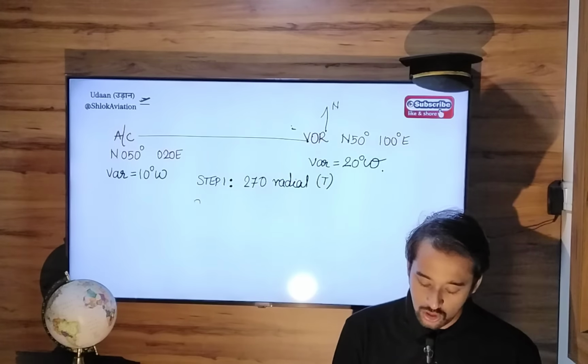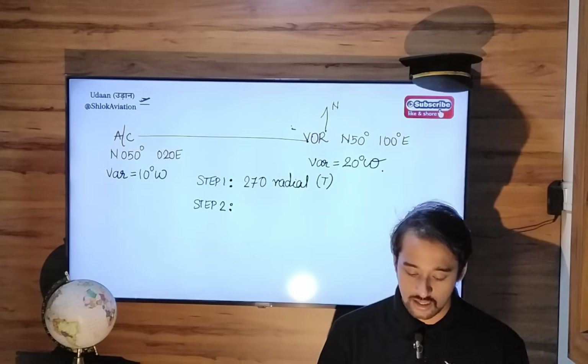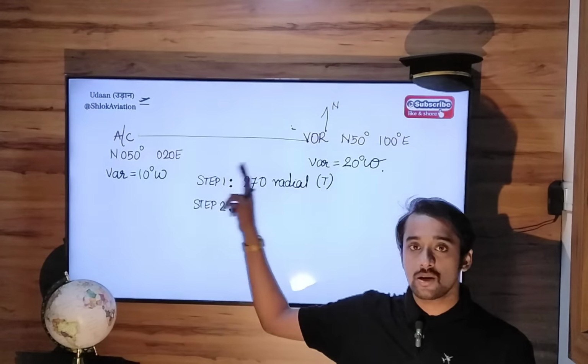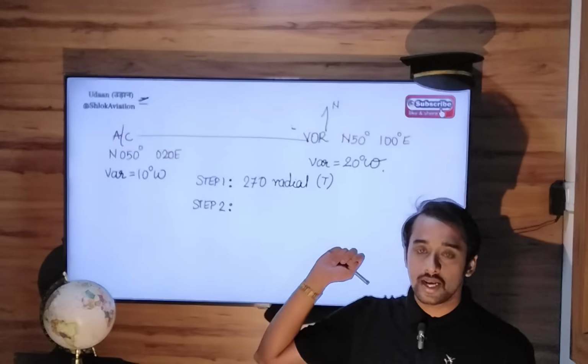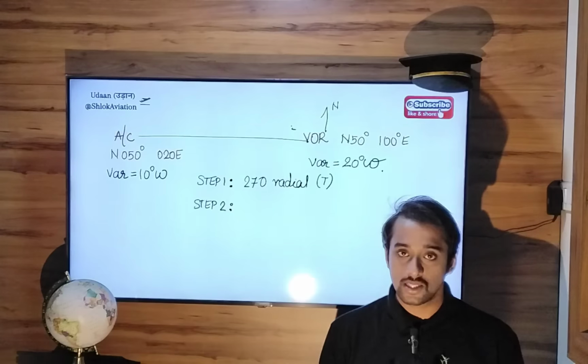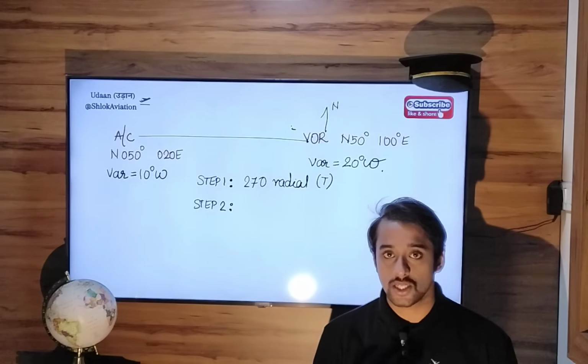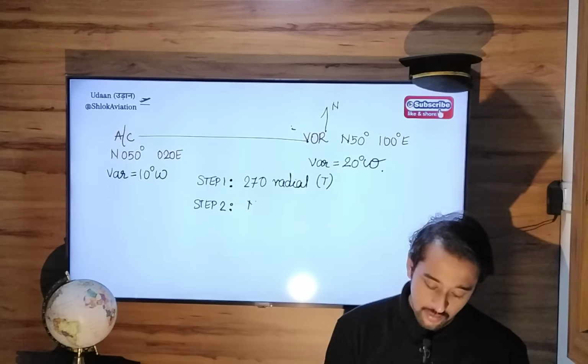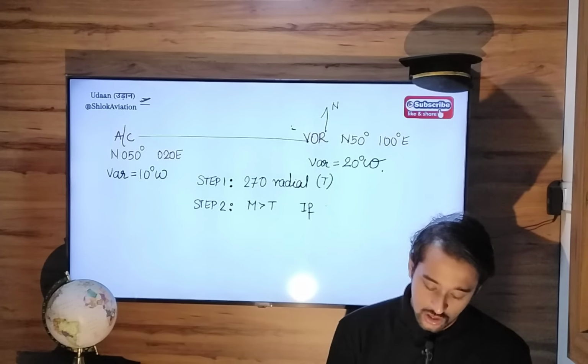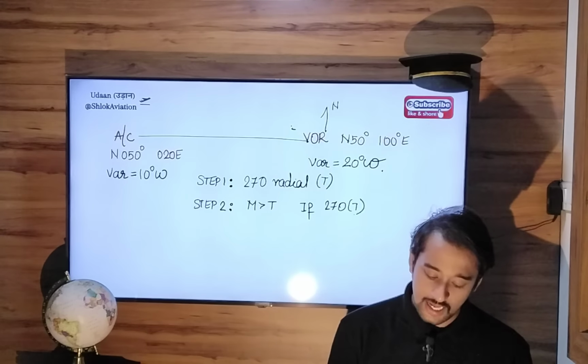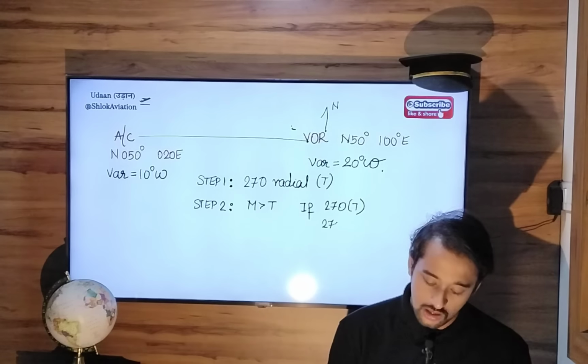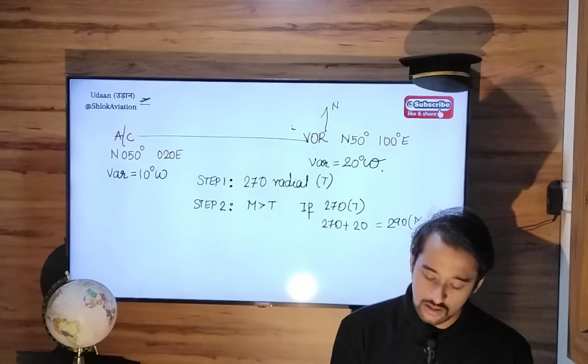Step 2, apply variation. Now in case of VORs, you apply variation existing at the VOR station. So ignore this variation, use this variation which is 20 degree west. So variation west, magnetic will be best, meaning magnetic will be more than true. So if true is 270, magnetic will be 270 plus 20, which is 290 degree.